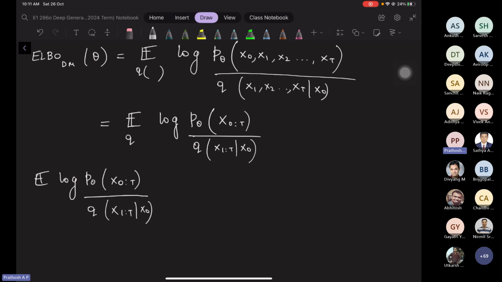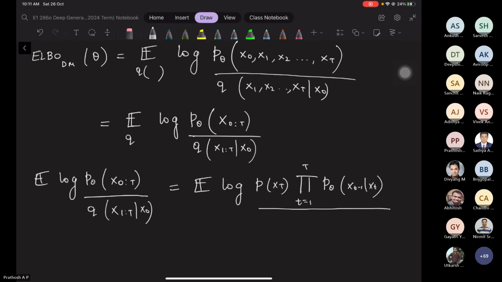First of all, please observe here: p theta of x0 to T, I will write as p of xT times the product over t equal to 1 to T of p theta of xt minus 1 given xt, divided by the product over t equal to 1 to T of q of xt given xt minus 1.